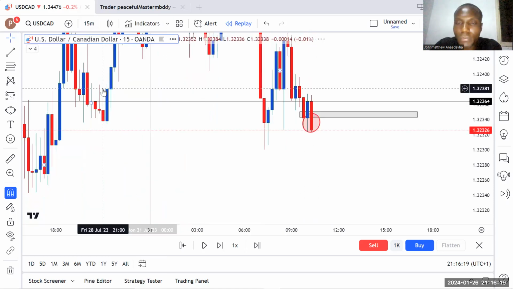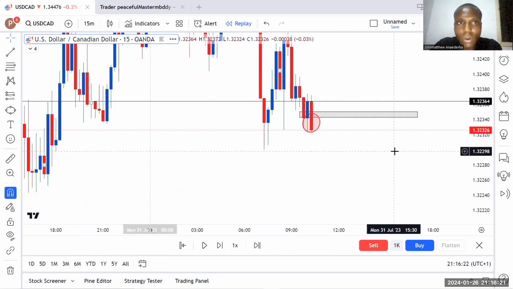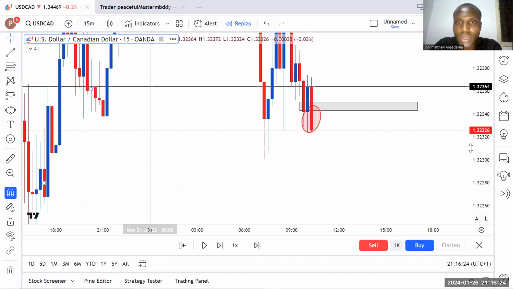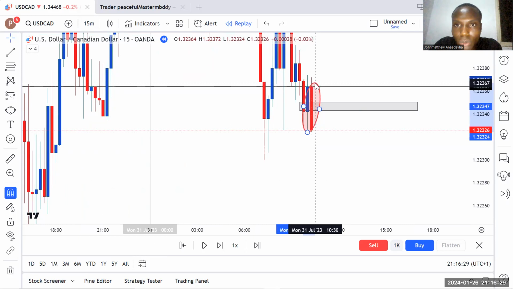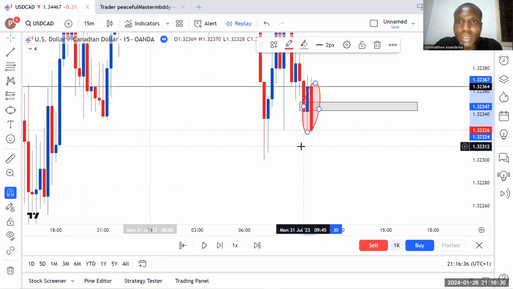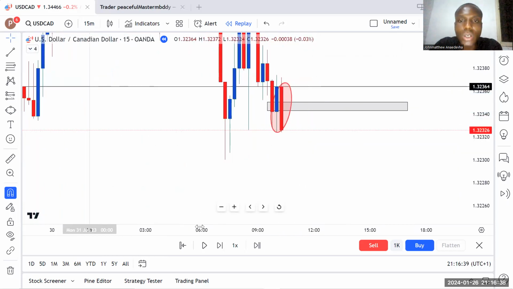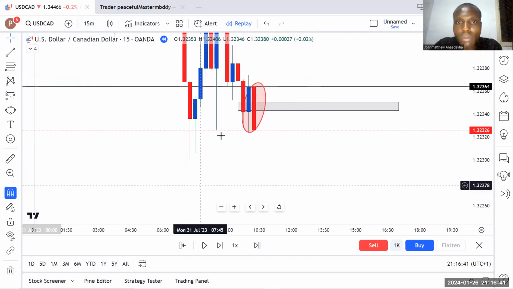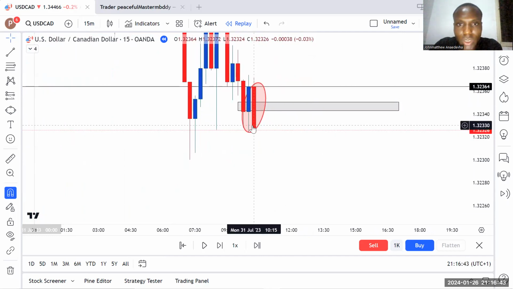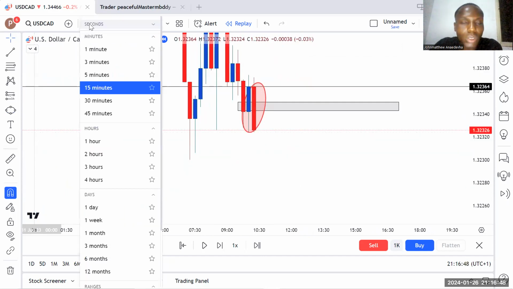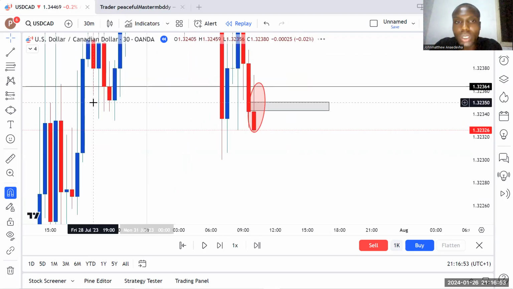So on the 15-minute time frame, you can see it. The initial bullish candle, and then the dominant bearish candle, just exactly how we saw it on the web. So what we are looking to see is selling pressure, sending price to the downside. So our take profits will be the next area where the market is going to tap into liquidity.